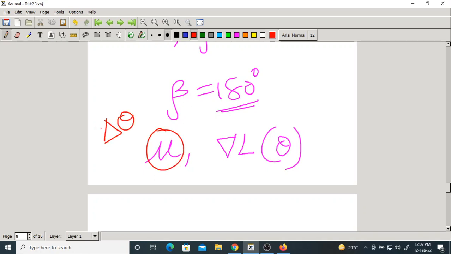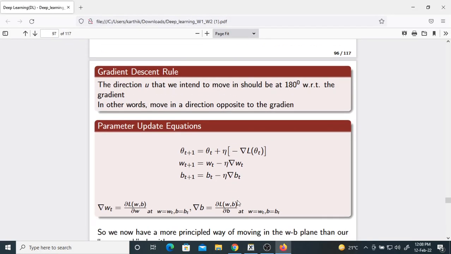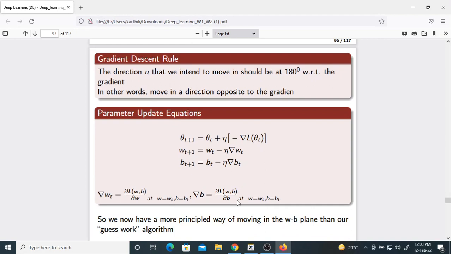Don't get confused, this is delta, this is del. Delta of theta should be in the opposite direction of the gradient of the loss. That is the gradient descent algorithm.